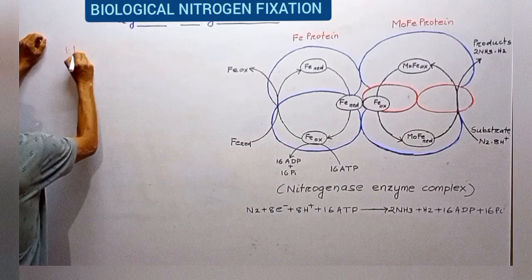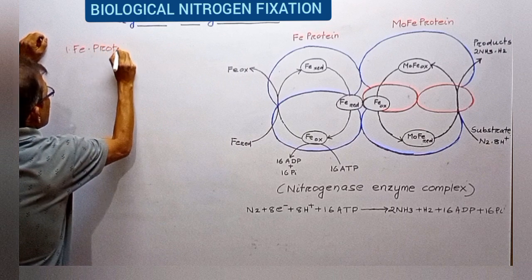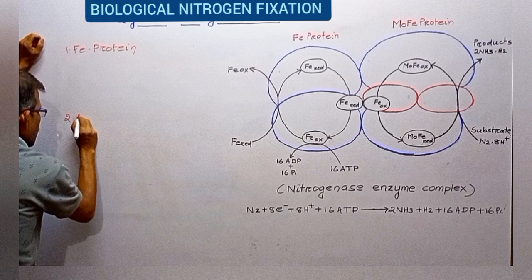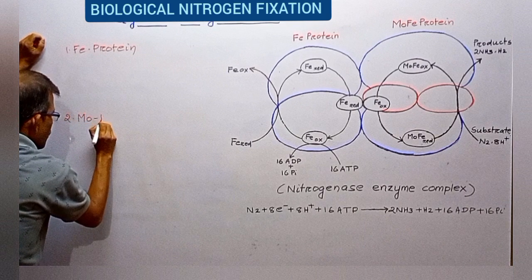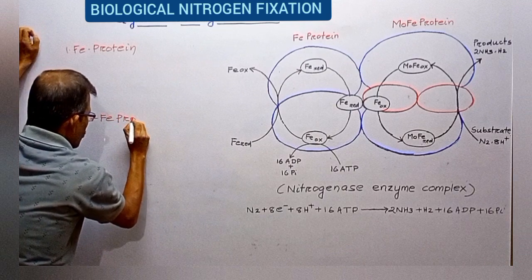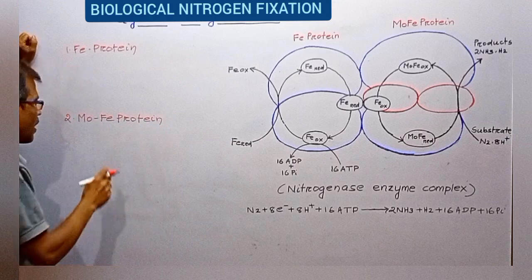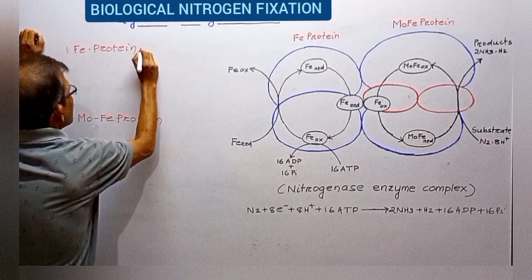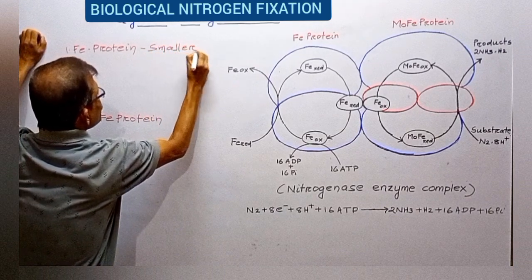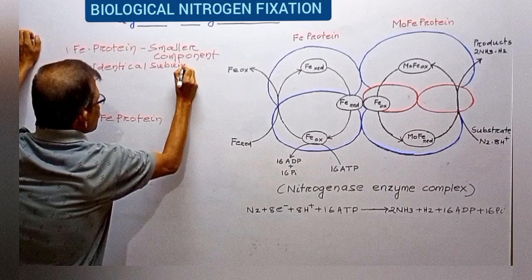The enzyme nitrogenase complex can be separated into 2 components. One component is the Fe protein and the other component is the MoFe protein. Mo stands for molybdenum and Fe stands for iron. Fe protein is the smaller component. It is composed of 2 identical subunits.